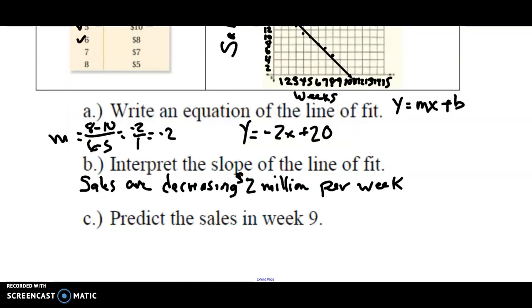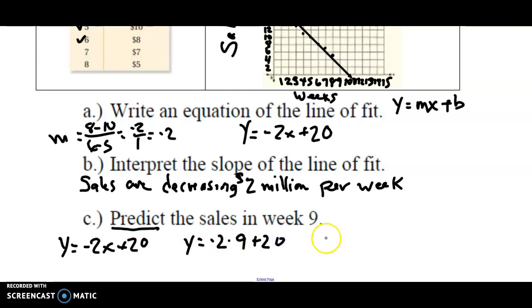All right, last part of this question asks us to predict the sales for week 9. Whenever you're asked to do a prediction, you want to use your equation for your line of best fit. So I'm going to use my y equals negative 2x plus 20. And week 9, weeks is our x-axis, so it's going to be y equals negative 2 times 9 plus 20.